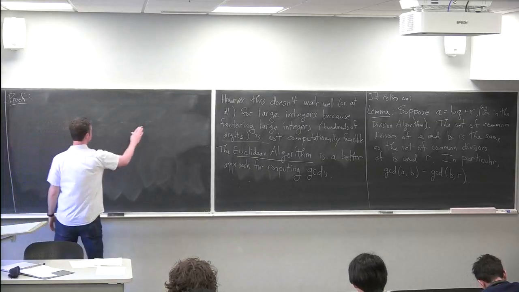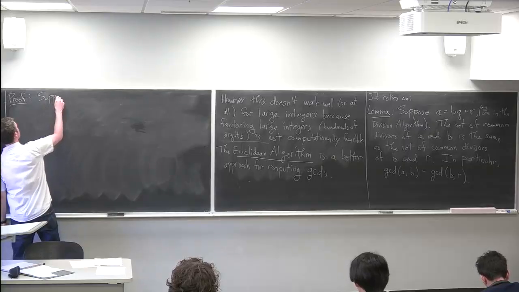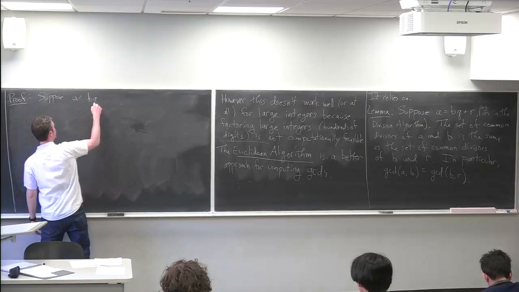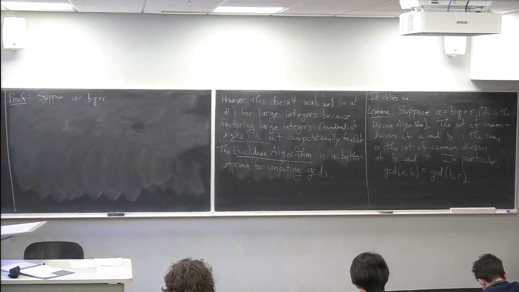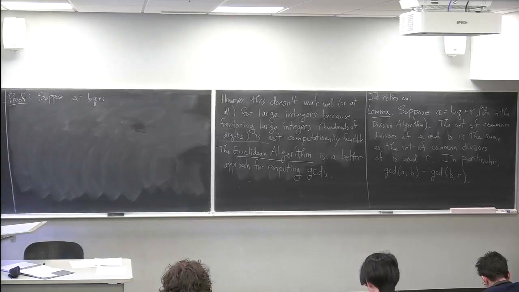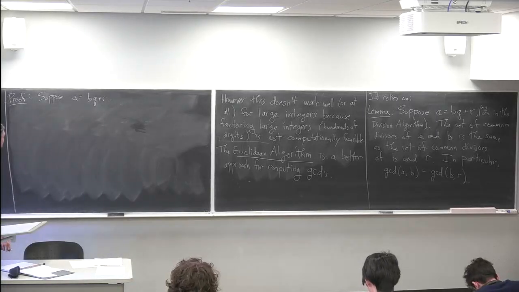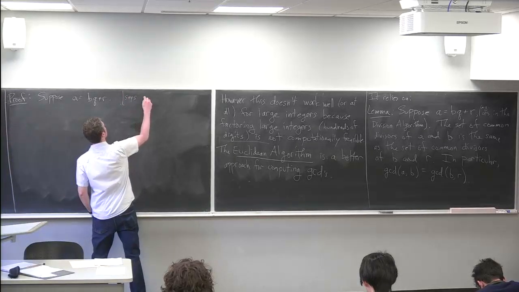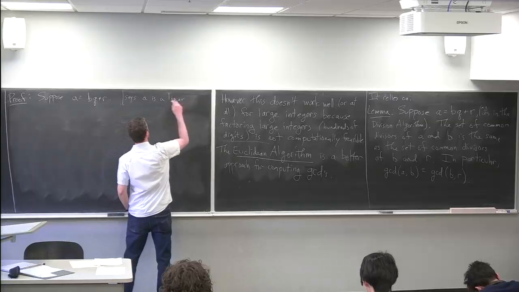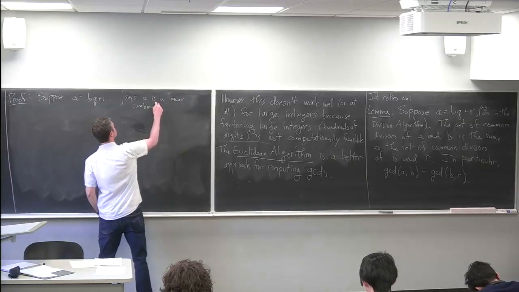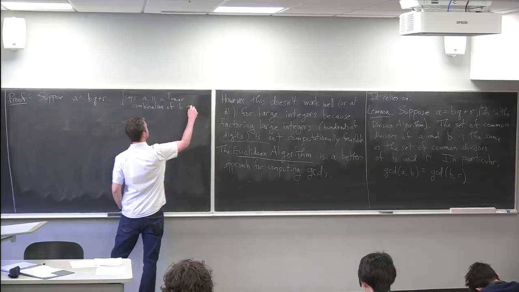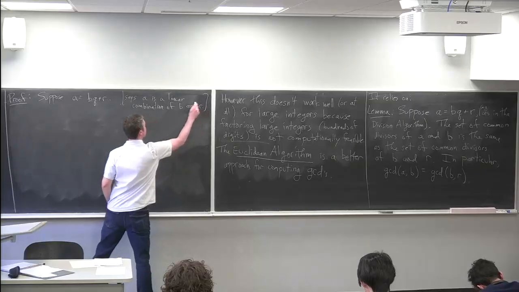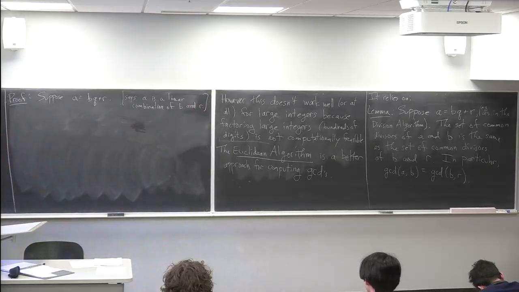So suppose, as is assumed, A is BQ plus R. Right, so the point is, maybe the right way to process this is this says that A is a linear combination of B and R. So that's how you can interpret the right-hand side.